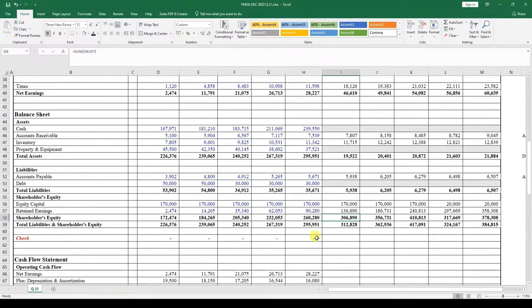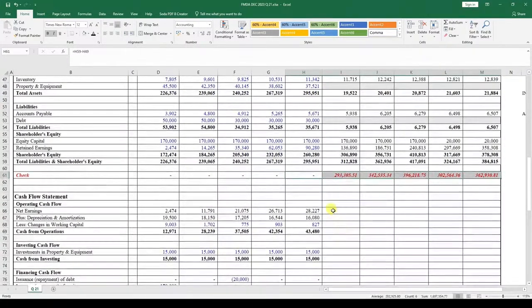This check will obviously not balance, because we have some missing items. You can see it's not balancing at all. But it's our responsibility, based on what the examiners asked us, to ensure that the balance sheet balances based on the forecast.